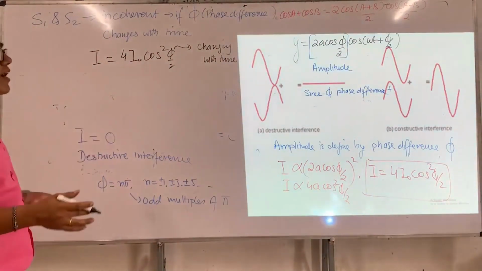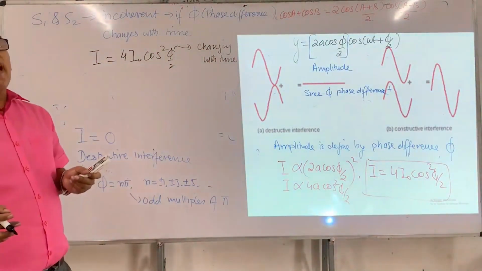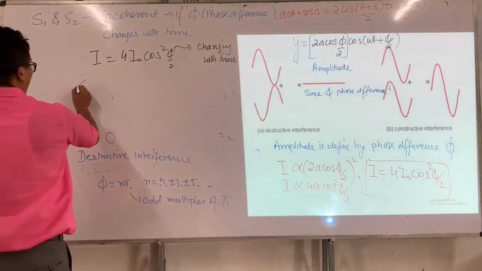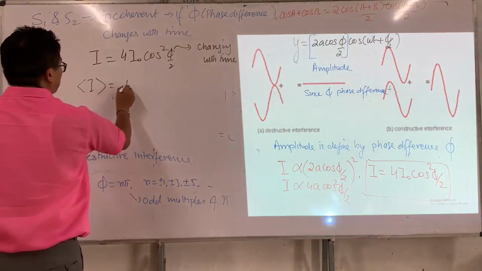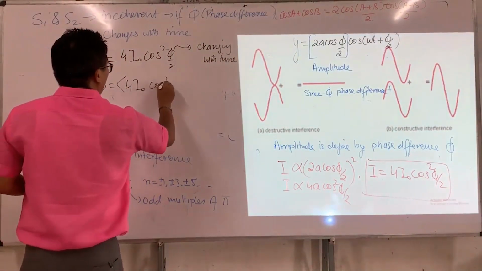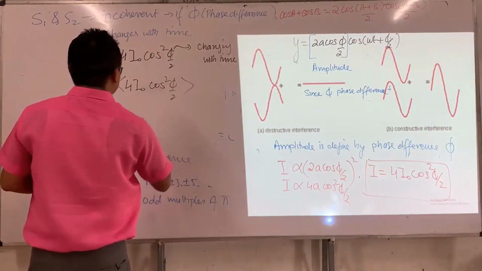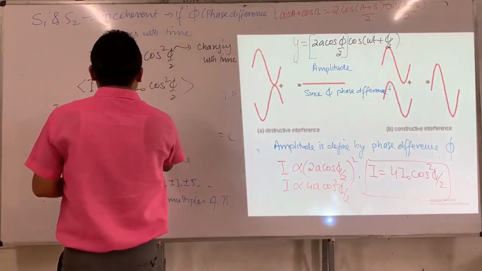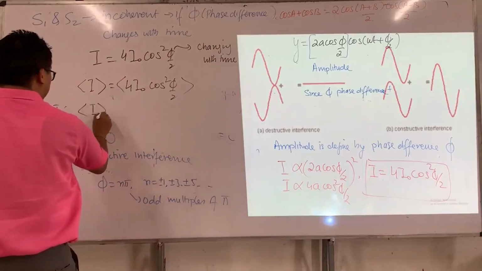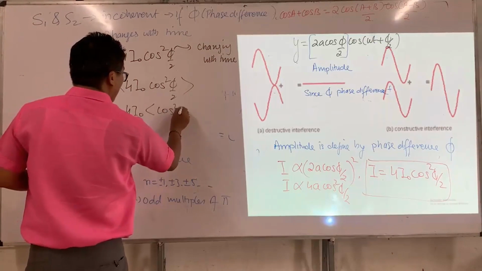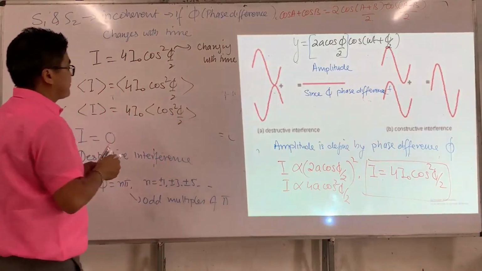So therefore we would like to find the average intensity. This is going to be I naught, which is constant, times the average of cos square phi by 2.